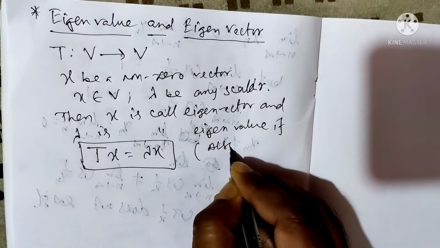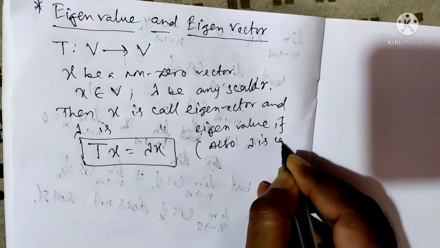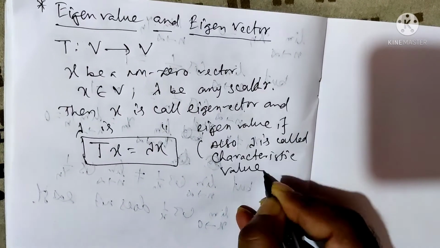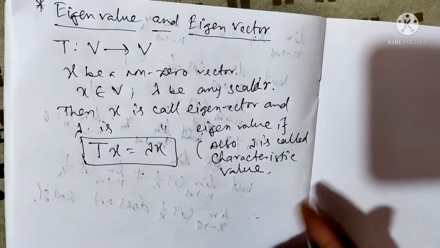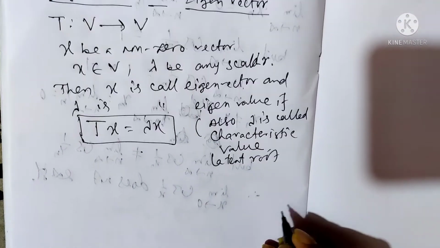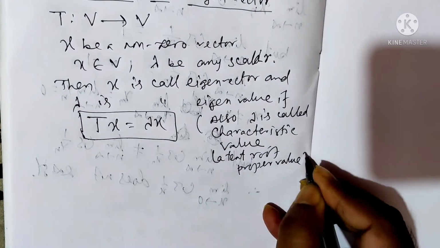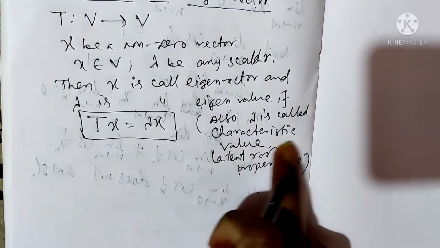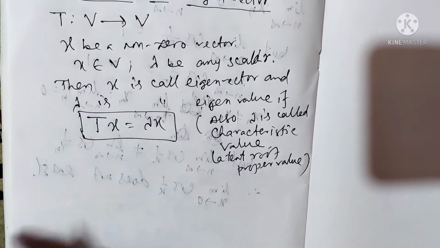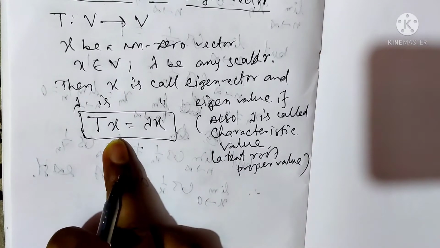Also, lambda is called characteristic value, or latent root, or proper value. So eigenvalue is also called characteristic value, latent root, proper value, and X is also called eigenvector or characteristic vector.